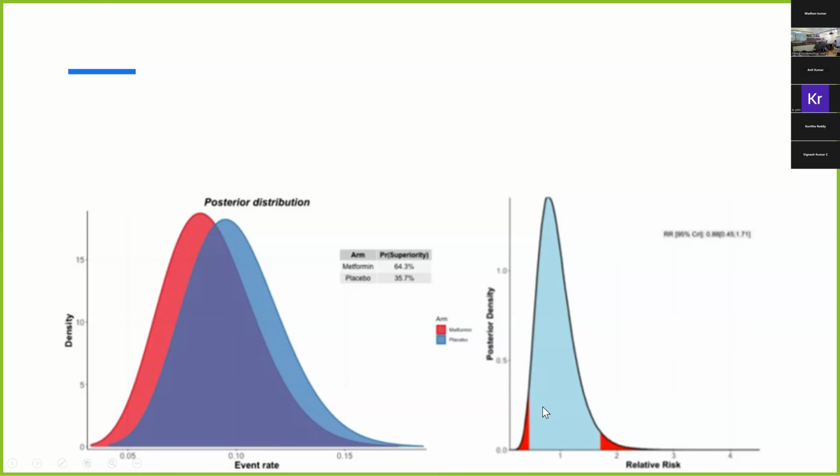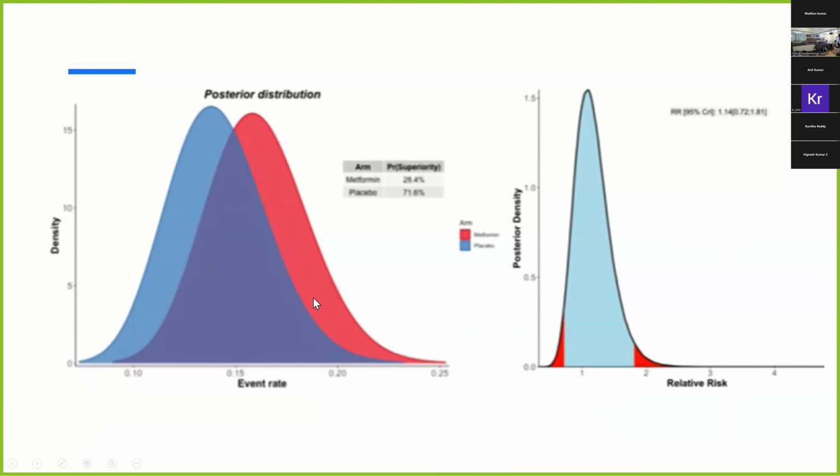The part of the curve marked under blue shade shows the 95% confidence interval, and the extremes are marked in red here. So in the intention to treat analysis per se, the probability of superiority of metformin over placebo was about 28.4%.